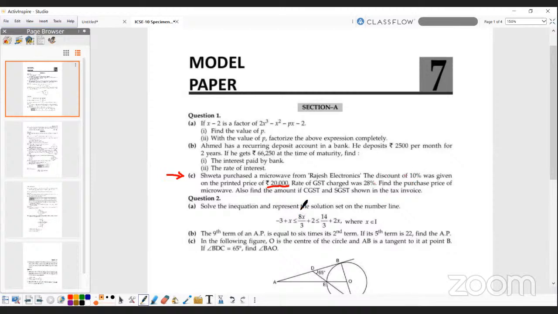You have to find the purchase price and also separately calculate the CGST and SGST. See all the data which is given. A discount of 10% is there on the mark price, or you can say the printed price. There is a discount of 10%. and then GST is charged as 28%.